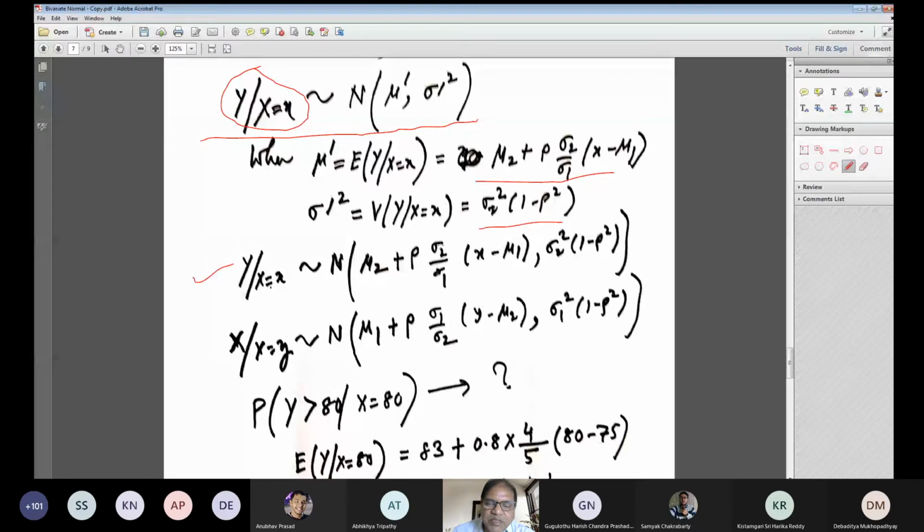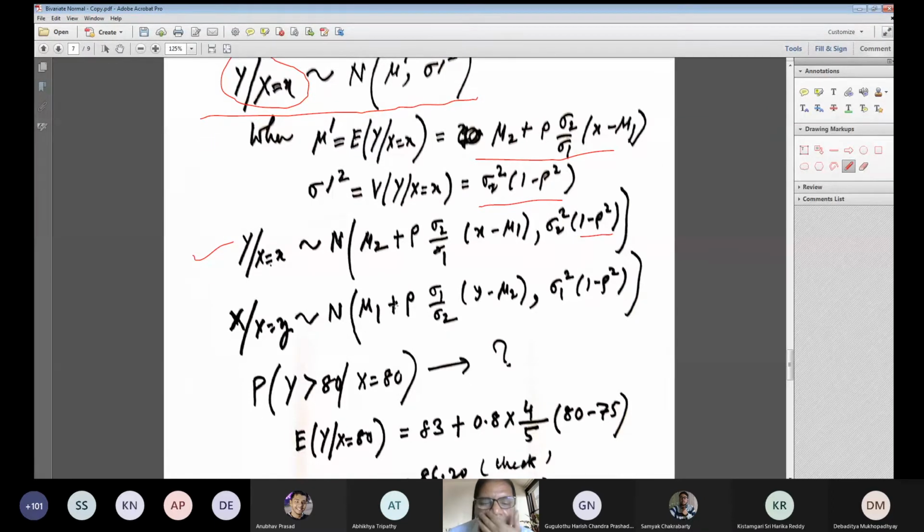So it is sigma 2 by sigma 1, times x minus mu 1. The conditioned variable is x, so x minus mu 1. And the variance will be simply sigma 2 square, whatever the variable is coming here, y. So the variance of y is sigma 2 square, and 1 minus rho square is the multiplication factor.